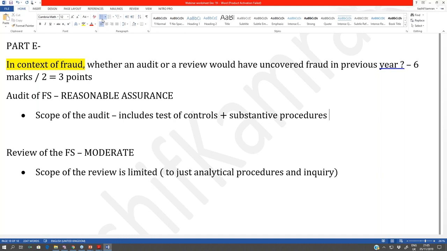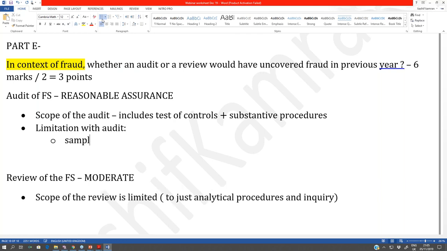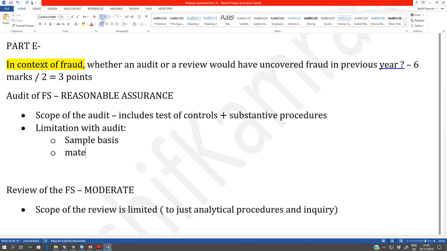So in context of fraud, whether an audit or a review would have uncovered fraud, perhaps no, because there are so many limitations with audit. Do you believe there are limitations with audit? We do audit on a sample basis, so detecting a fraud becomes difficult. We do audit on a material basis. Detecting a fraud becomes difficult. So there are some limitations with audit, right?